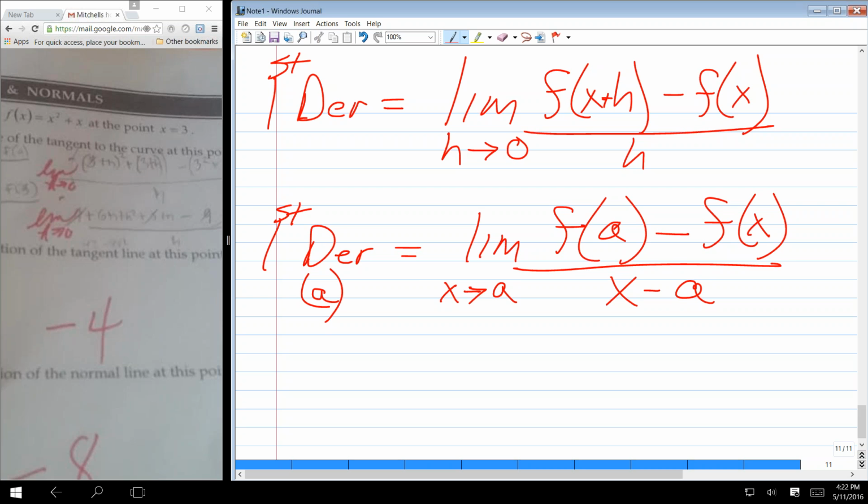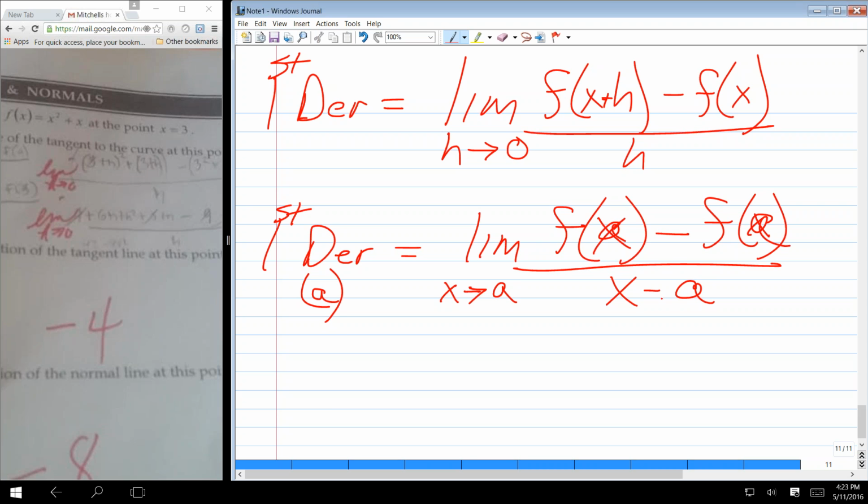That's another way to do it. But this second way is not nearly as powerful, because it only gives you the slope at this point a. And I may have it backwards. It may be f of x minus f of a. I think it is. I think it's f of x minus f of a.